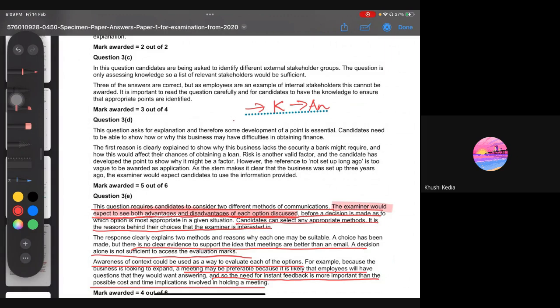Let's suppose, because I tend to write long answers, more than 12 lines, you will have to stop doing that. You can't make a big chain there. So let's suppose you are writing a point for a supplier: if the business is booming, how will the supplier benefit?